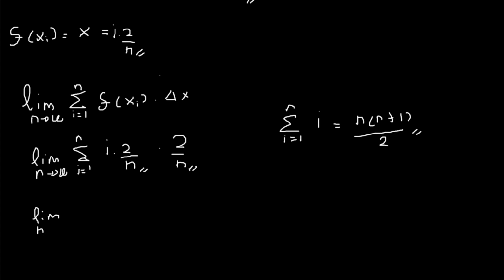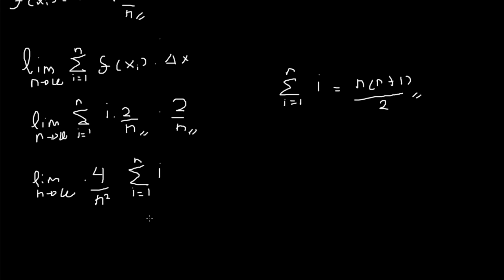The limit as n goes to infinity of 4 per n squared, which is 2 times 2, n times n, sigma i equals 1 to n of i.